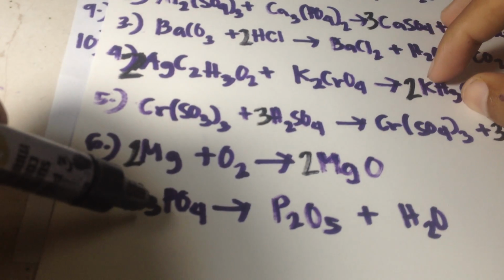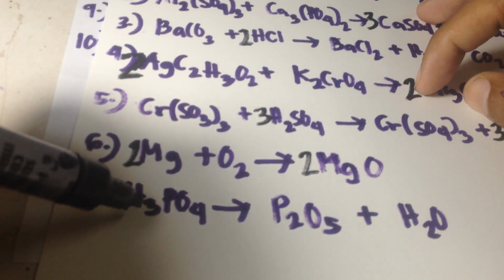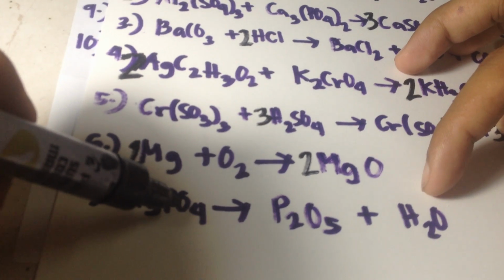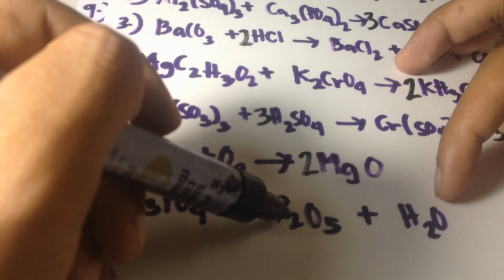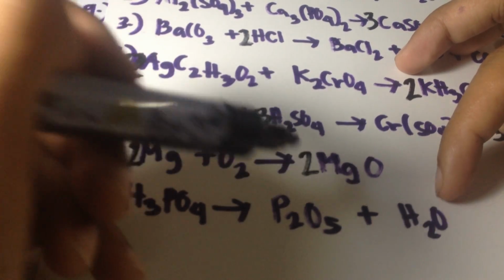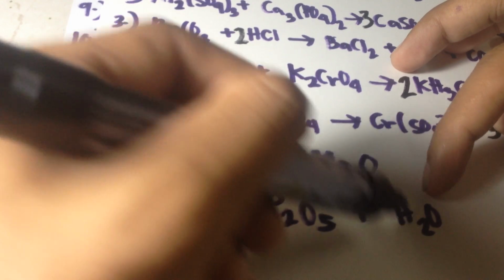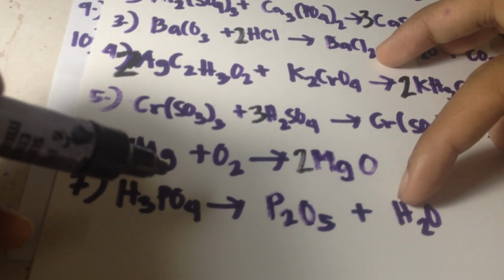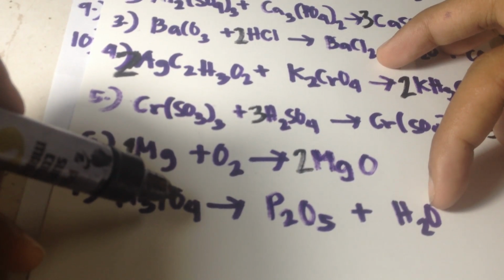Hydrogen has 3 here, and oxygen has 4 here, and phosphorus has 2 here, oxygen has 5 here, and hydrogen has 2 here, oxygen has 6, 4.